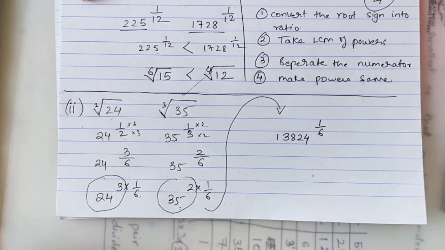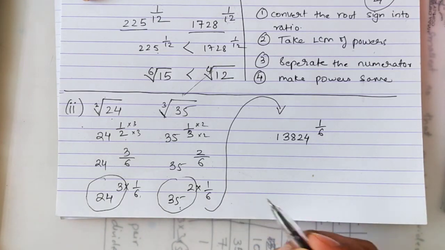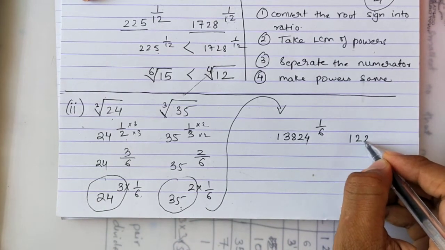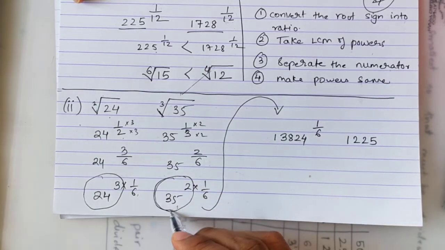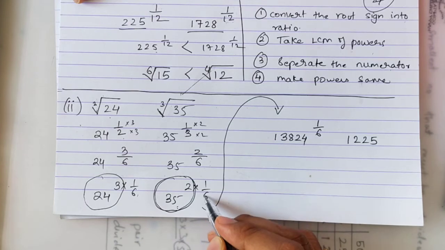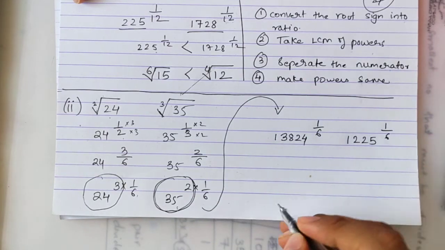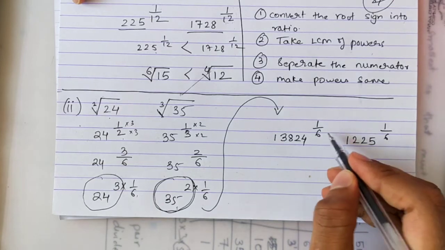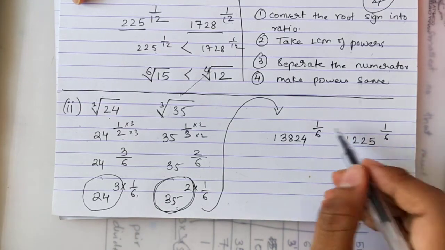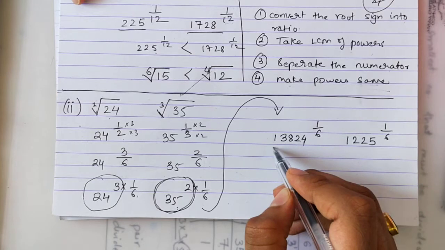Here 35 square. 35 square is 1225. See, 35 square is 1225 raised to 1 upon 6. So basically I've made the power same. Once I've made the power same, my last step, I can now compare the numbers.